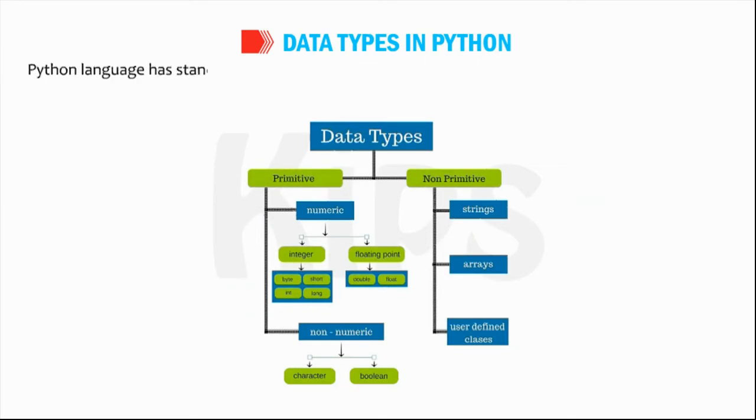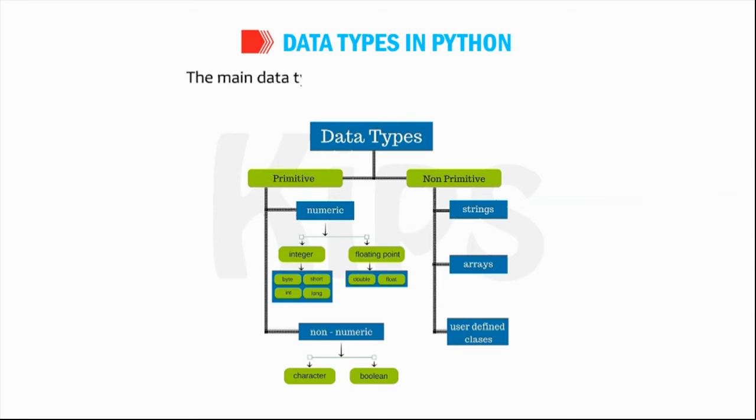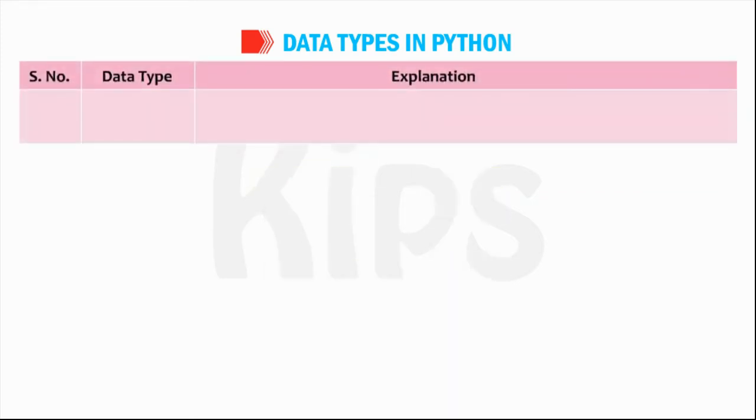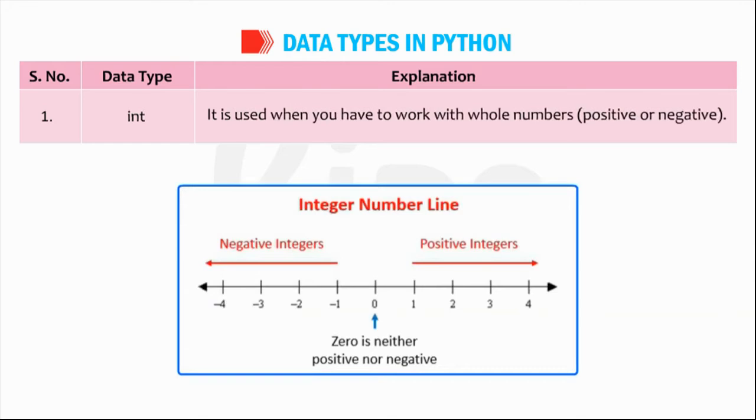Python language has standard data types that are used to define operations performed on them and the storage method for each of them. The main data types used in Python are given below. Serial number, data type, explanation. Number 1. Integer. It is used when you have to work with whole numbers, positive or negative.